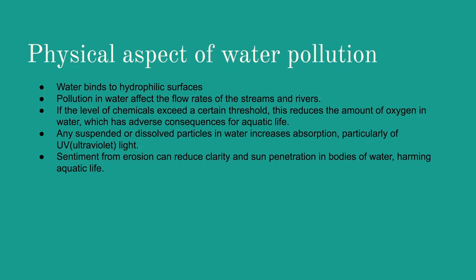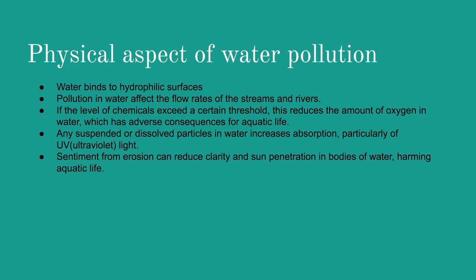Contaminated runoff results when pollution from chemicals such as fertilizers and pesticides seeps into the ground. And since water binds to hydrophilic surfaces, pollutants stick to sediments carried by erosion. Pollution in water affects the flow rates of streams and rivers. After storms, water can enter the ocean from runoff and even affect the aquatic life there.